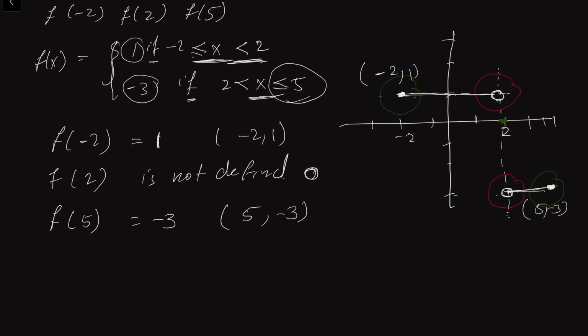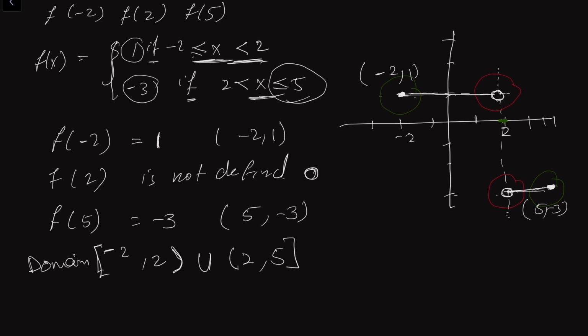Okay, so the domain is going to be from negative 2 to 2. The 2 is going to be open and the -2 is closed, because it's undefined at 2. Union 2 open again, and then 5 closed. So that's my domain.